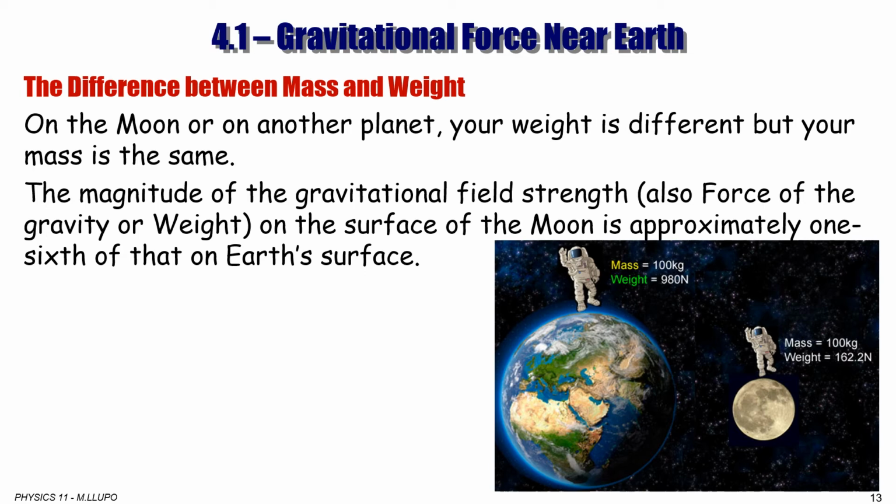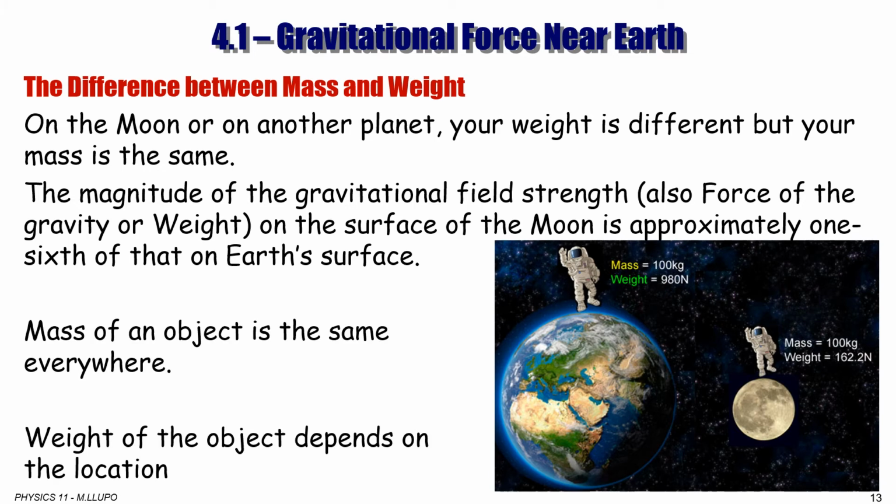It is the same on the moon's surface and on Earth's surface. However, weight on Earth's surface is 980 Newtons, while the weight on the moon's surface is 162.2 Newtons. So the mass of the object is the same everywhere. Weight of the object depends on location.